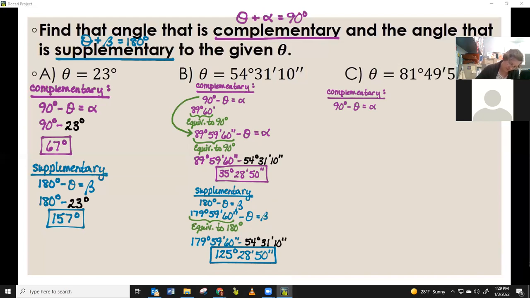Just like before, when you have an answer, type it into the chat for me.